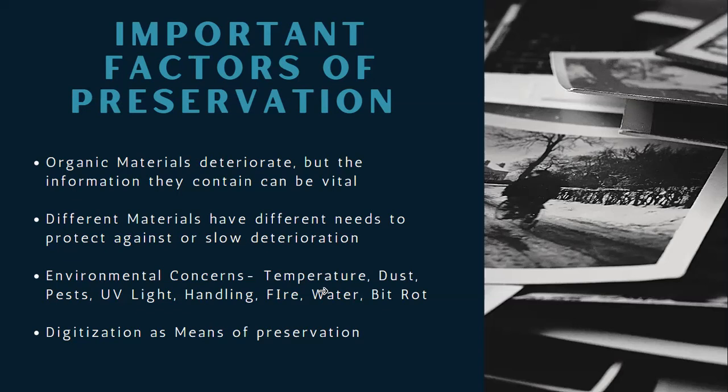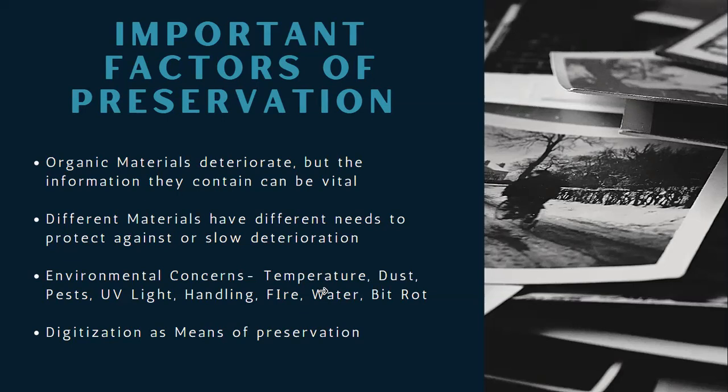So it's important to know all of these different risk factors so that you can prioritize what may need immediate attention versus what is okay to do less intervention on for a while.